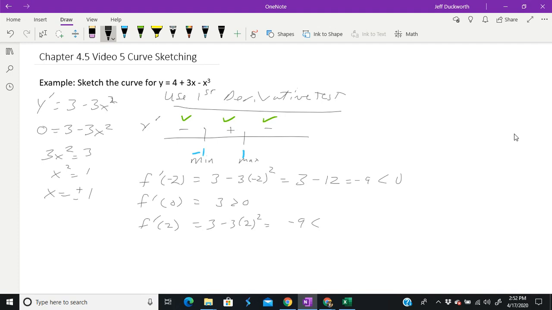So I'm going to evaluate f at -1 to find out what the min actually is, using the original function: 4 plus 1 minus 1 cubed.